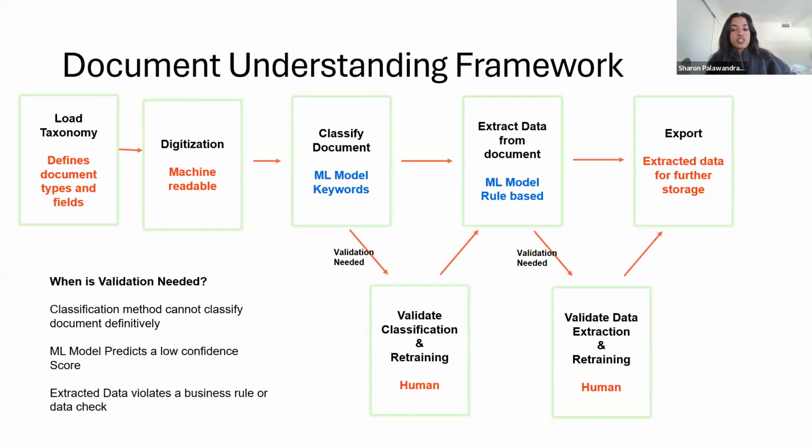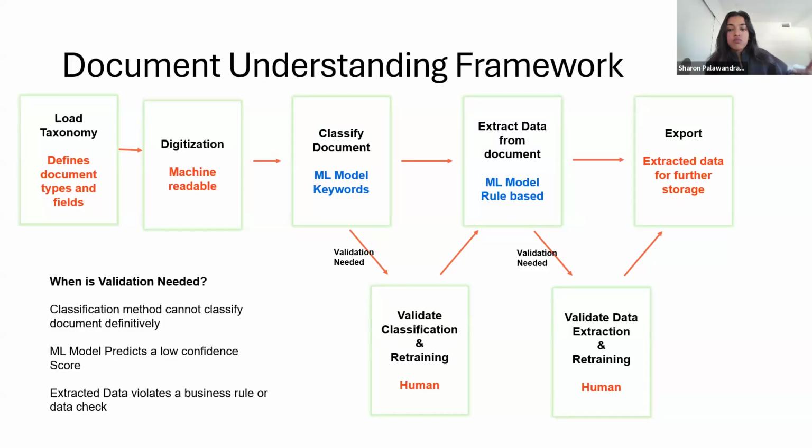And digitization. If you remember in Reno's previous slide, where he explained how document understanding is made of components of OCR and artificial intelligence, when it comes to digitization we use OCR, which stands for optical character recognition. Why?